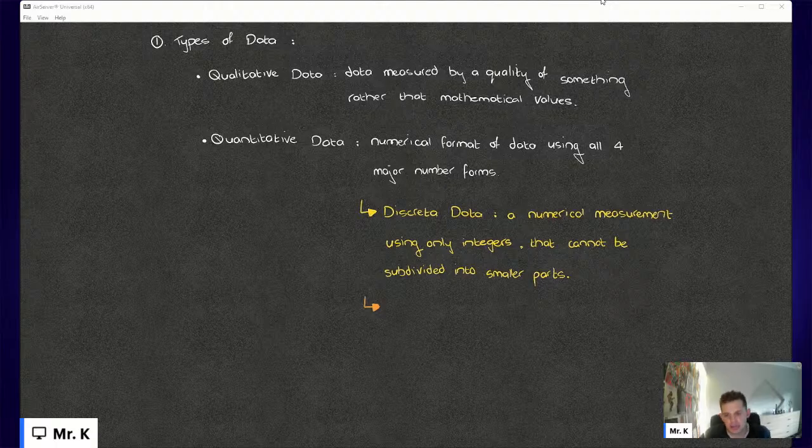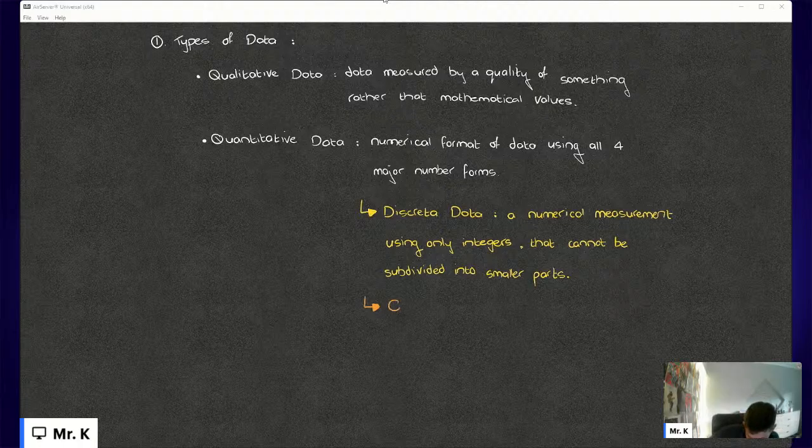We know that they can only be 5 or 12 or 23 students. It's not possible that we have 8.6 students, right? We cannot have a fractional value. I can't have 7/10 of a student.